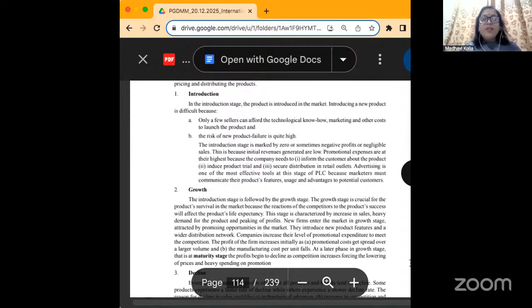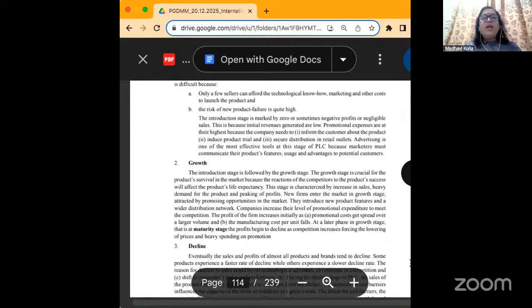So the introduction stage is marked by zero or sometimes negative profit, or even if there is a profit, the amount is very negligible in terms of sales. This is because initial revenue generated is very low and promotional expenses are at their highest, because you are introducing a new product into the market. So you need to inform the customers about the product.